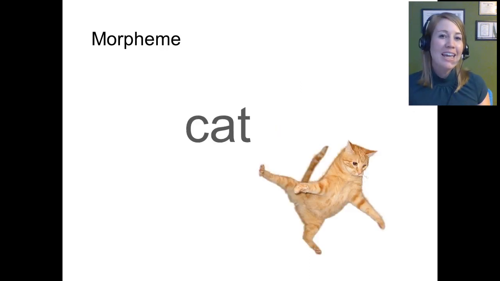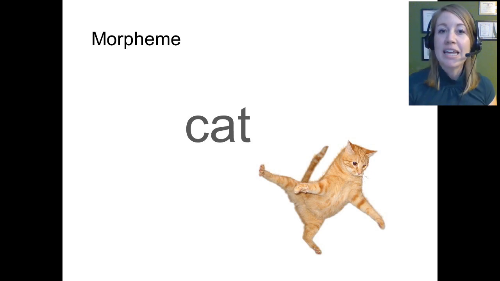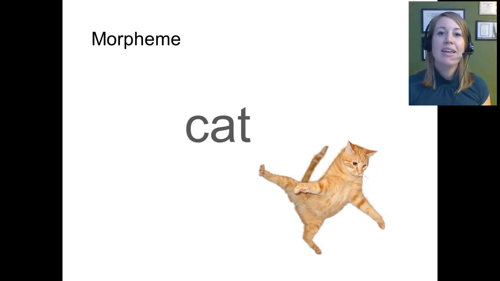So when I look at the morpheme cat, what do you think of? When I say cat, what comes to mind? Well, most likely the little orange guy that's on the screen right now, right? So again, let's look at the definition of a morpheme. A morpheme is the smallest unit of meaning in a word. Cat is a morpheme.